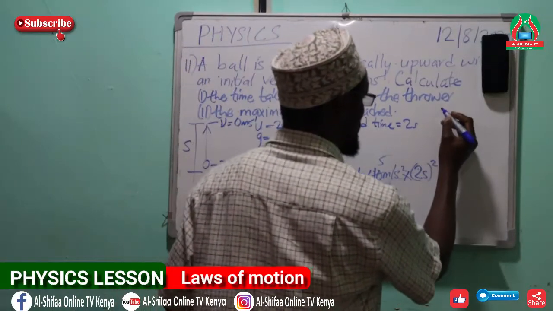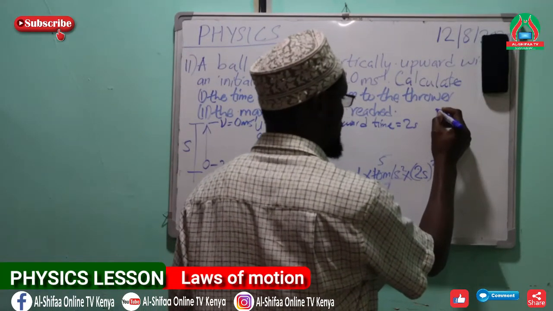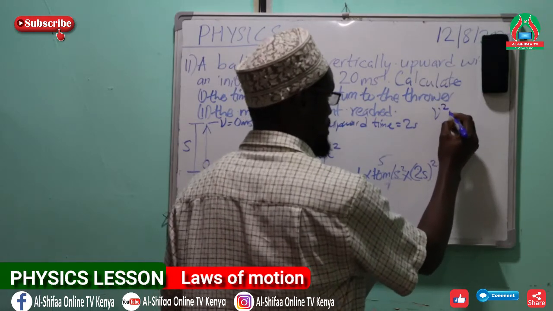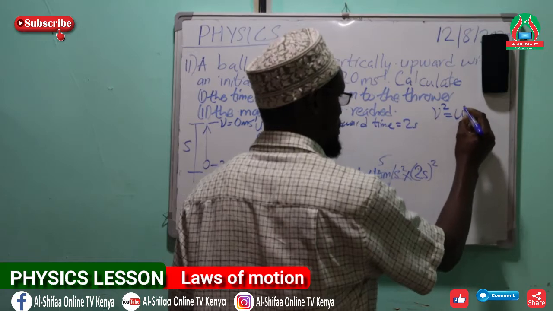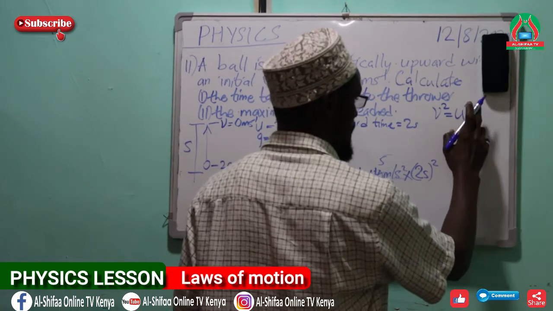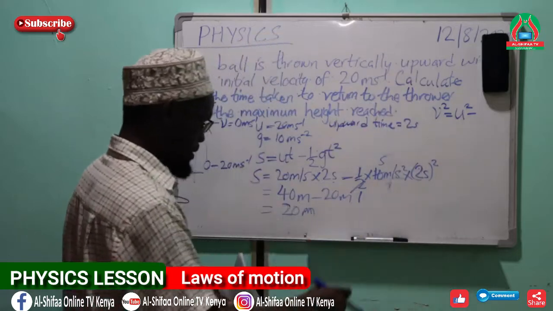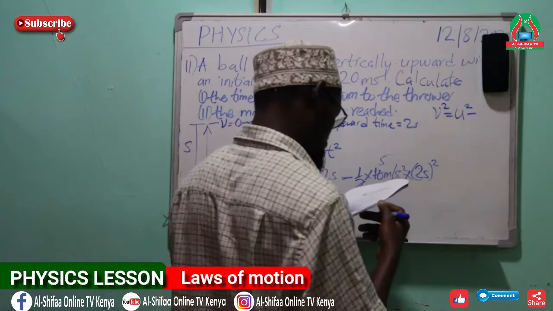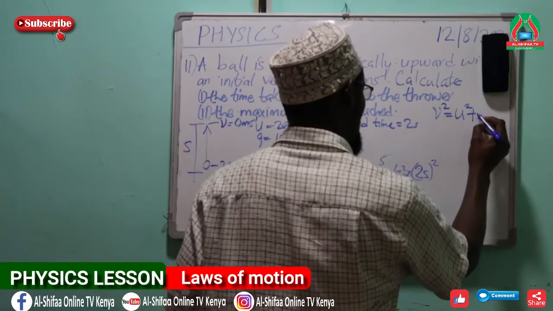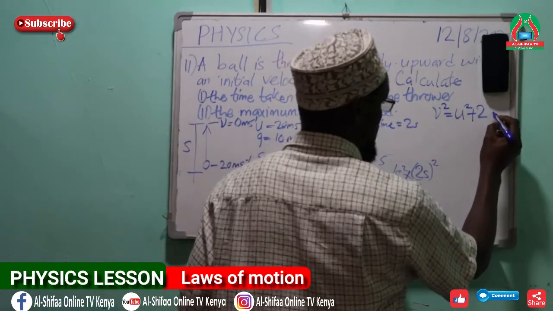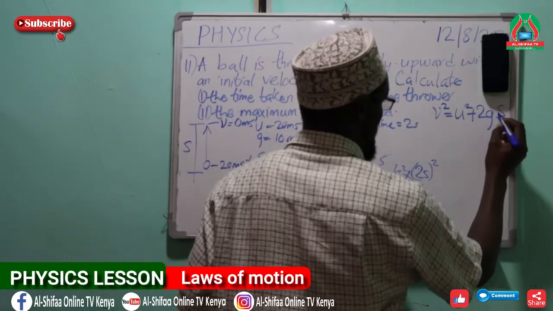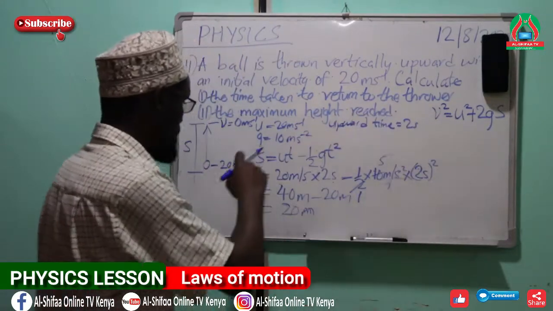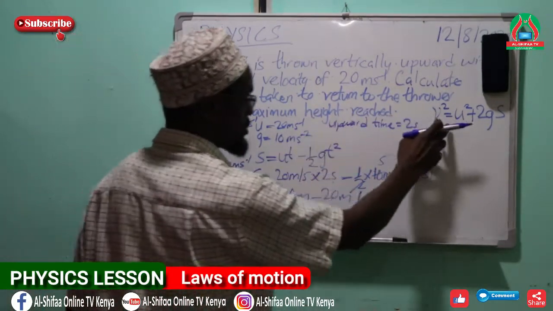So from the third equation of the kinematic equations, we have final velocity squared is equal to initial velocity squared. Now it is going downward, so we insert the addition sign. We don't know our final velocity when it's moving downward, but we know our initial velocity.